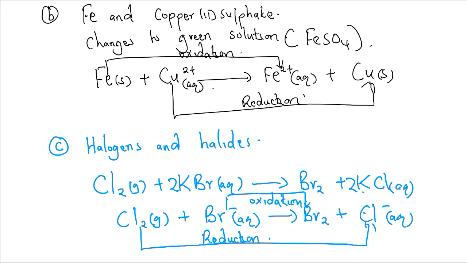So it is the chlorine gas that is the oxidizing agent, the reduced species in the redox reaction, and it is the bromide ions that become the reducing agent because it is the oxidized species.